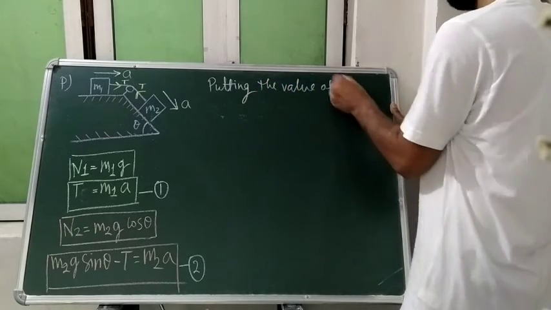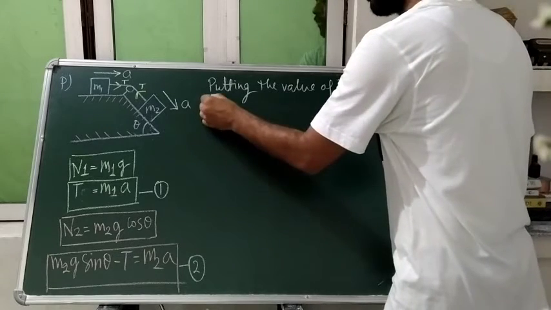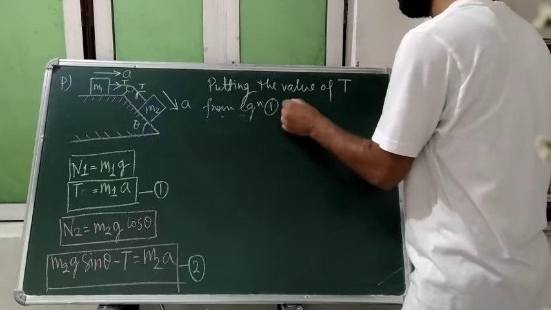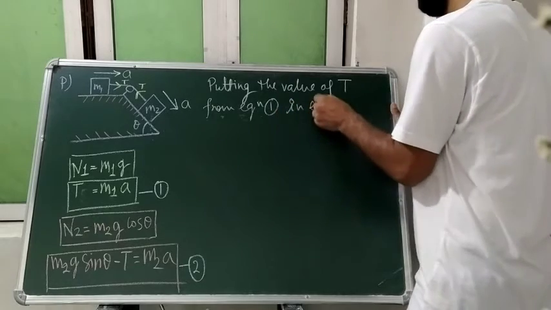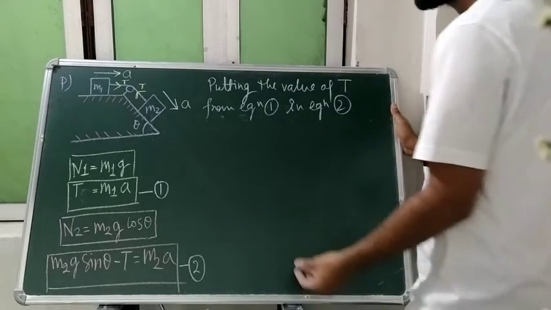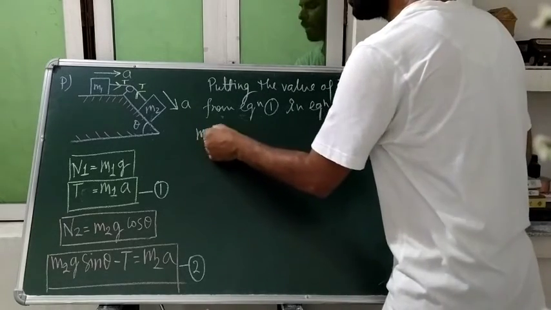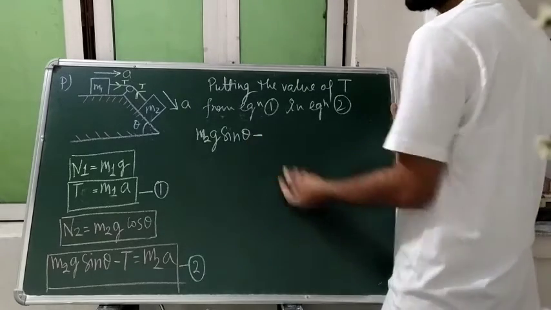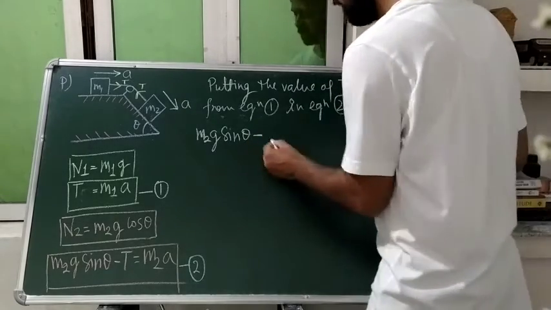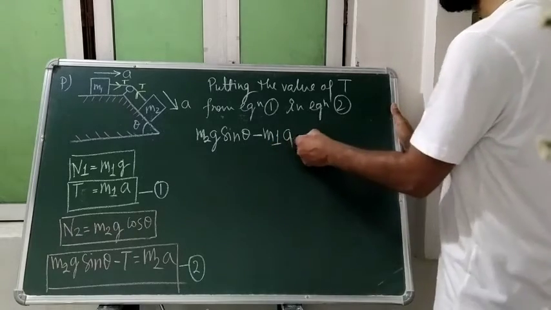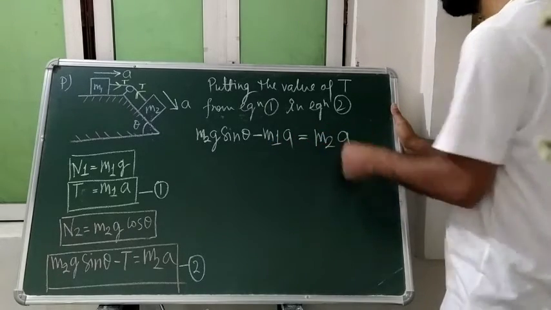Putting the value of T from equation 1 in equation 2, what will we get, student? In equation number 2, m2g sin theta minus T, at the place of T what will we put? m1a, that will be equal to m2 times a only.